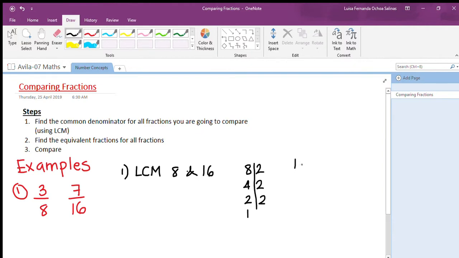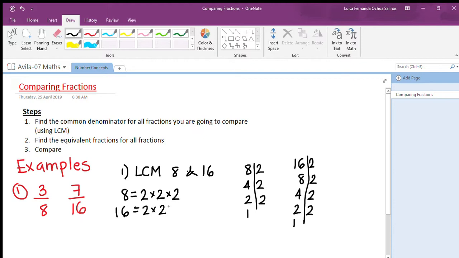And then if we have 16, divided by 2 is 8, divided by 2 is 4, divided by 2 is 2, and divided by 2 is 1. Perfect. So we write 8 as a product of its factors, 2 times 2 times 2, and 16 as a product of its factors, 2 times 2 times 2 times 2.